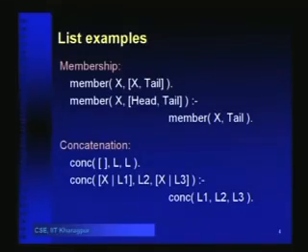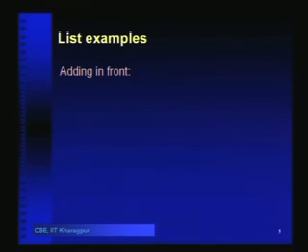Let us do a few more examples and try to work out a few yourself, right. So let us see. Okay, so suppose we are given a list and we want to add an element to the front of the list, right.